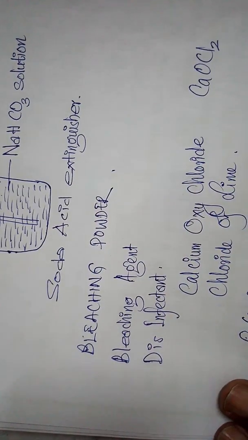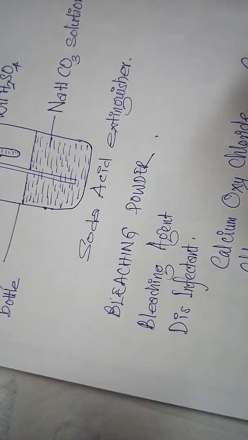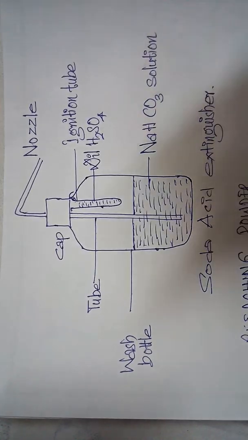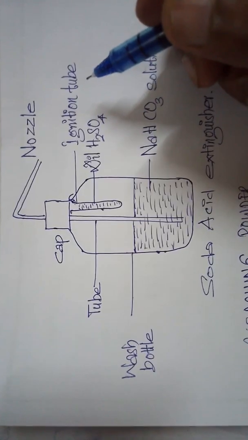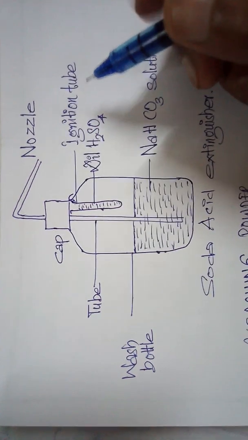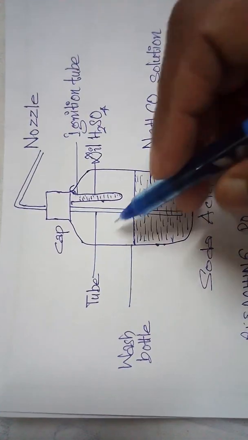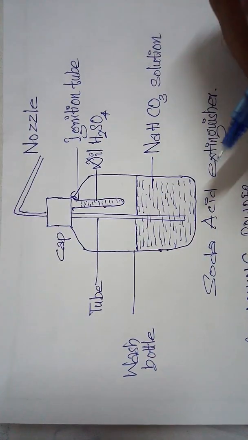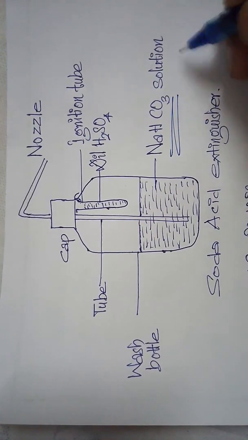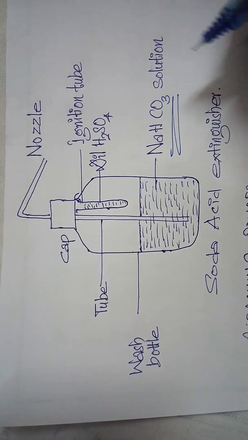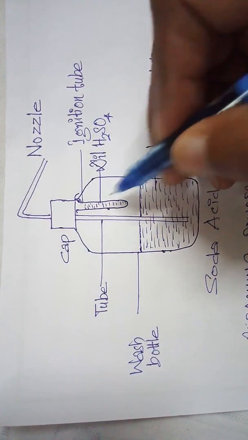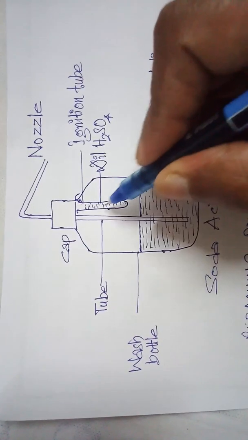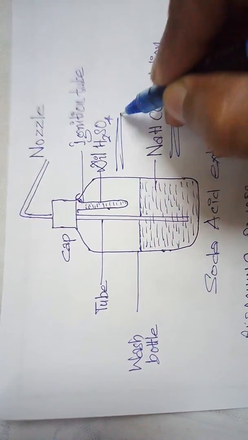Now, what is the process of the soda acid fire extinguisher? Take one wash bottle and fill it with sodium hydrogen carbonate solution. Attach one ignition tube and fill it with dilute sulfuric acid.